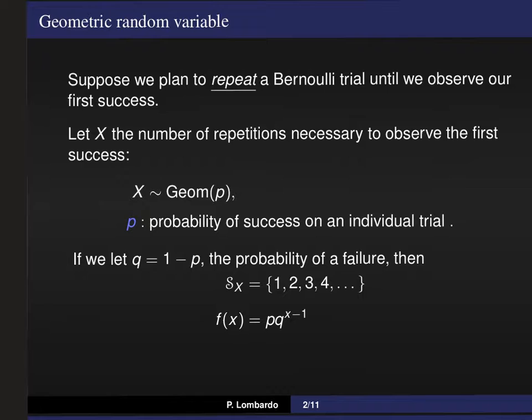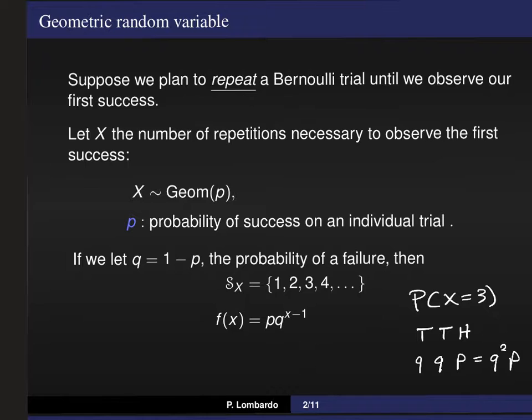Now, if we think about how you would end up working with the PMF, we can derive how this works. Let's take, for example, trying to compute the probability that X is equal to 3. What this would mean in terms of a coin flip is we would get essentially the event tails, tails, heads. We would have a failure, and then finally the head would be in that final round. And so this ends up being q squared times p.